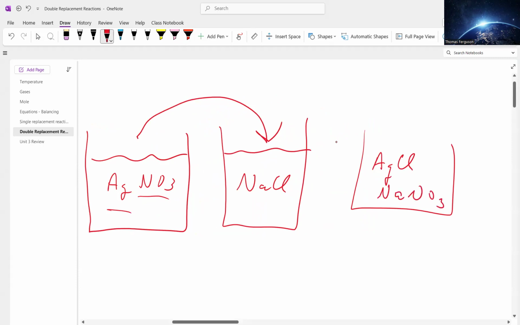The silver now can hook up with the chlorine, and the sodium can hook up with the NO3 nitrate. Now the question is, do they form solids?